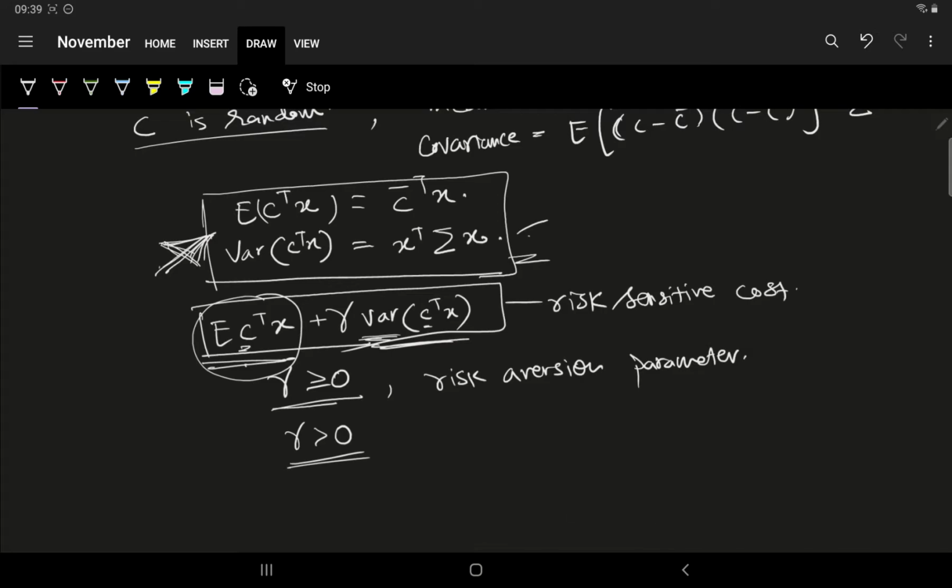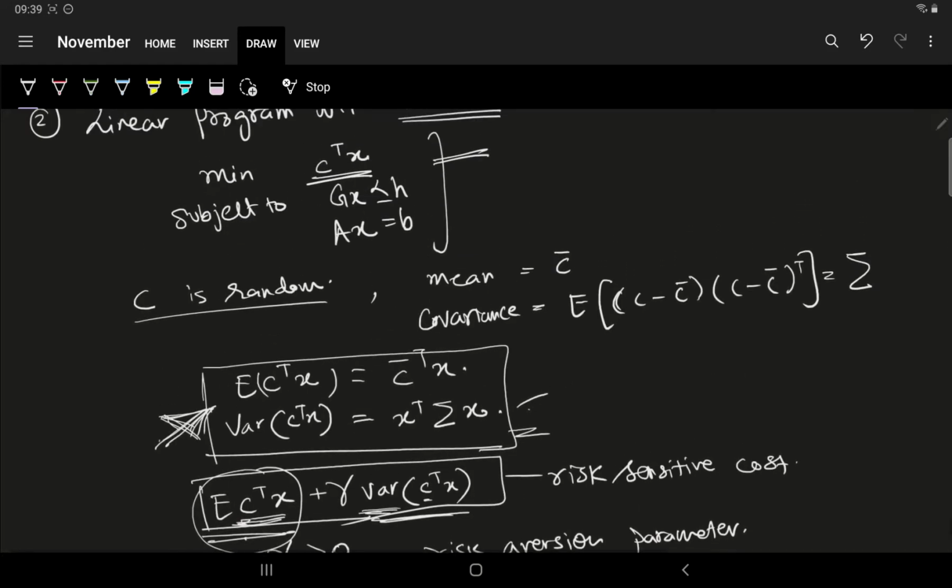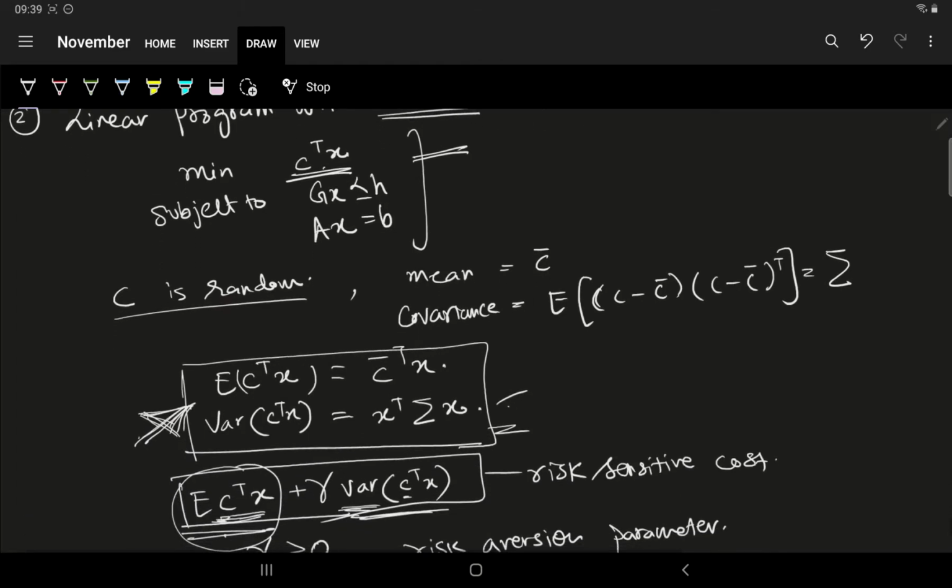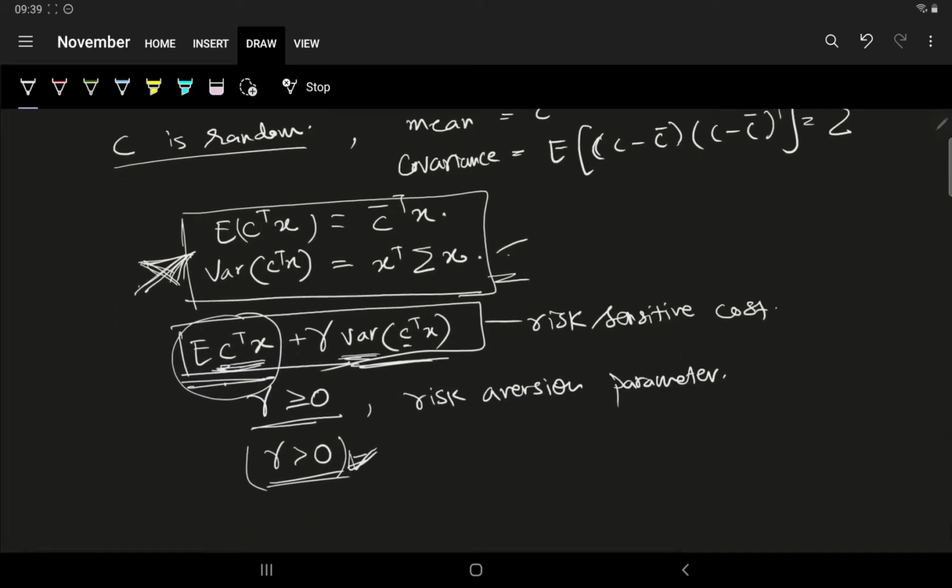By this I mean, we are trying to minimize this right here. So what we are saying is that even if the expected value of the cost function is higher, we are willing to take that up as long as its variance is low.